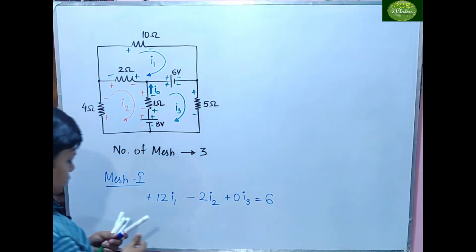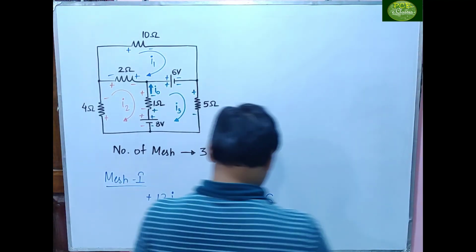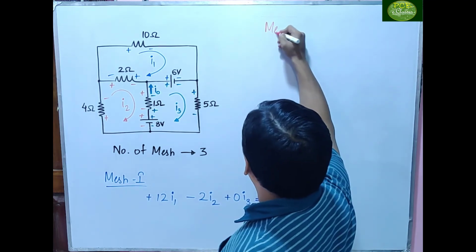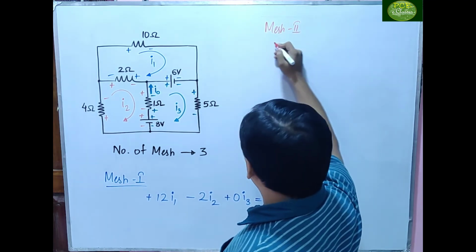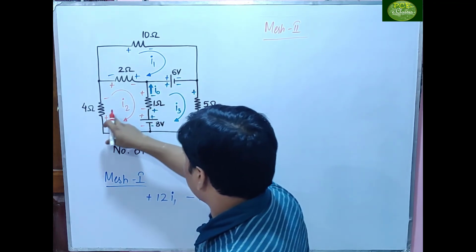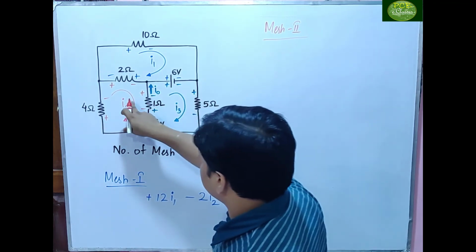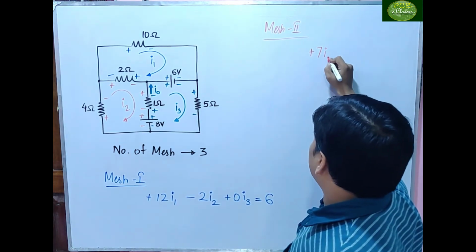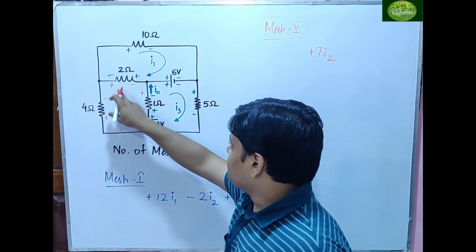Similarly, if I go for mesh 2. What will be the mesh 2 equation? How many resistors are there? 2, 1, 4. How much? 7. Which current is flowing? I2. So I'll write down this one as plus 7 I2. Dual current where it is flowing? Yes, 2.